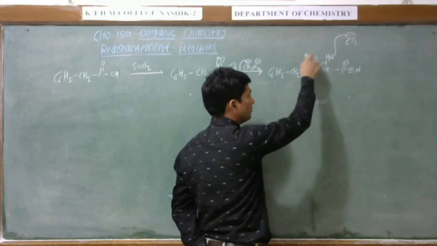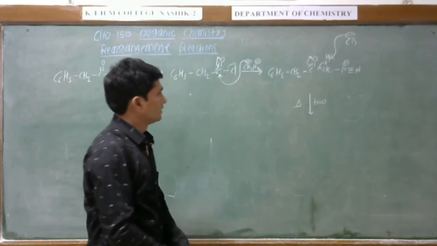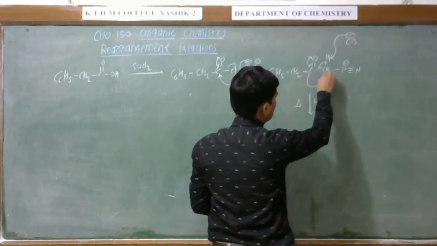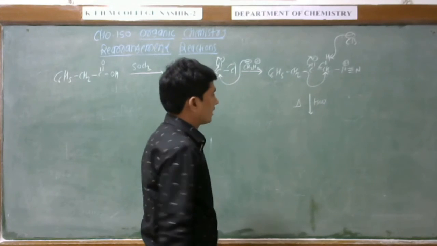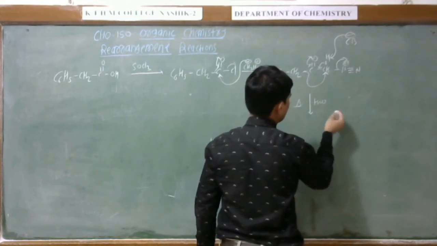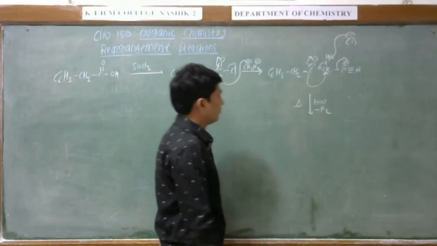Again this bond will be reformed, and the whole group, the benzyl group C6H5CH2, will be shifted to the carbon here, and the nitrogen gas will be removed.